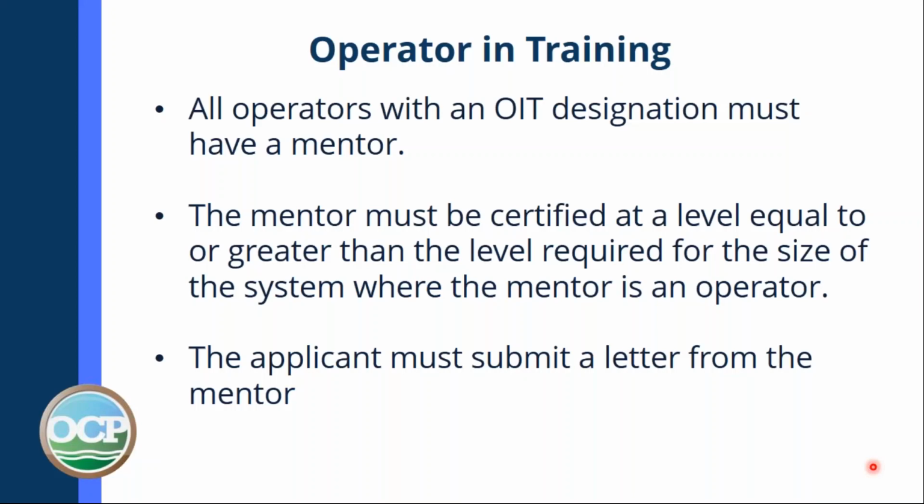The mentor can't have a Class 1 license. And important for the application, the mentor should submit a letter with the application outlining what the mentor will do and take responsibility for the operator in training.